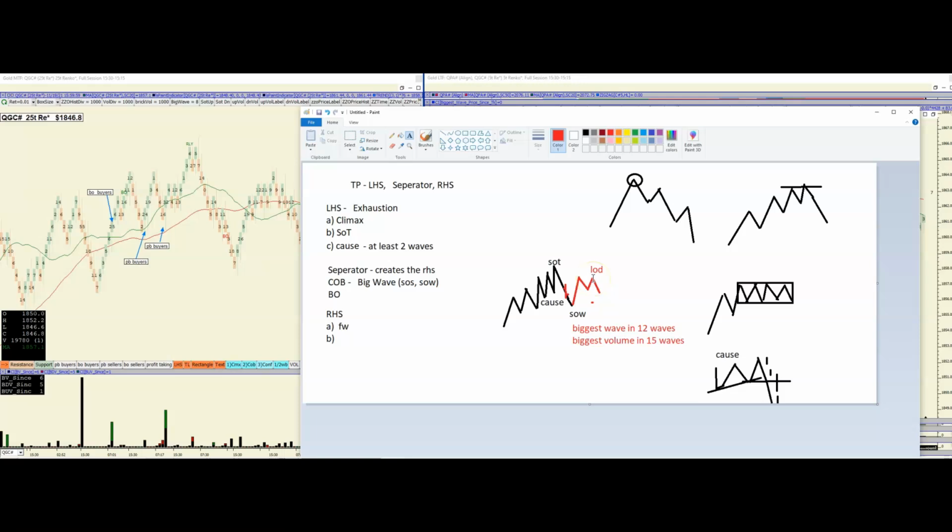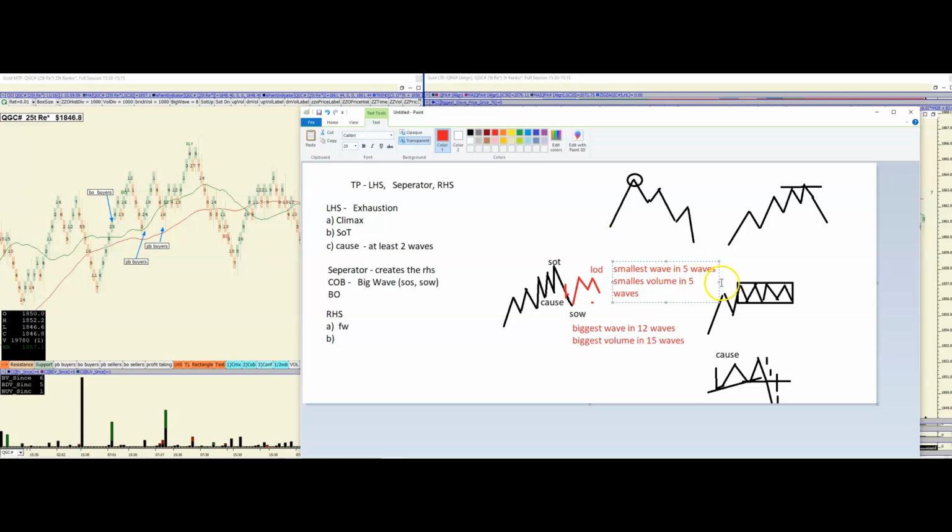Now here is the key point here. This wave, the sign of weakness, is the biggest. This wave will be the smallest in, let's say, 5 waves, or it can also have the smallest volume in 5 waves or more.